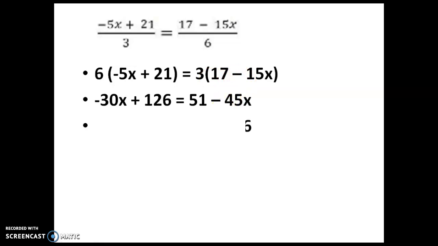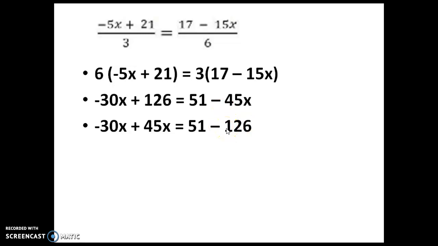Then bring all x to one side of the equal to and all constants to the other side. Here minus 45x is there, so when it comes to the LHS, it will be plus 45x. Here plus 126 is there, so when it comes to the RHS, it will be minus.